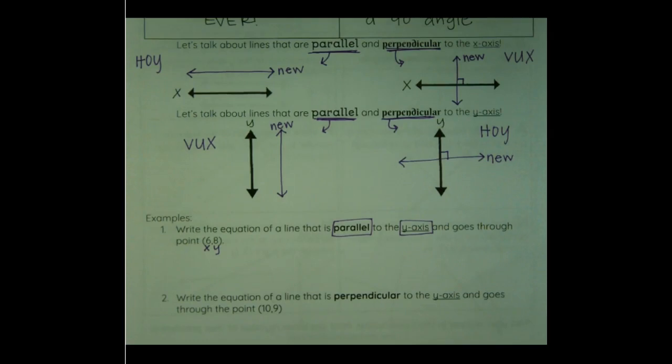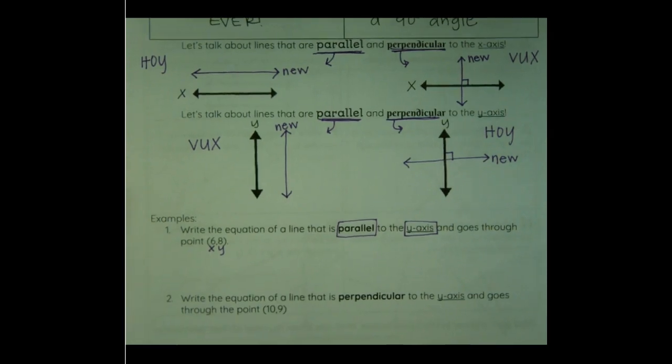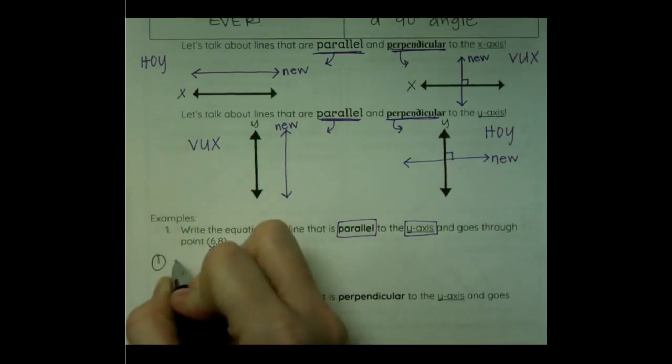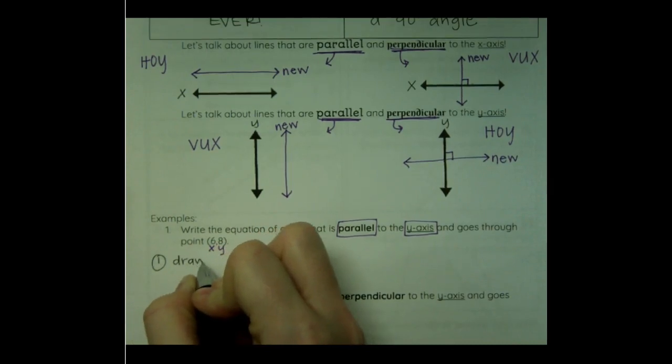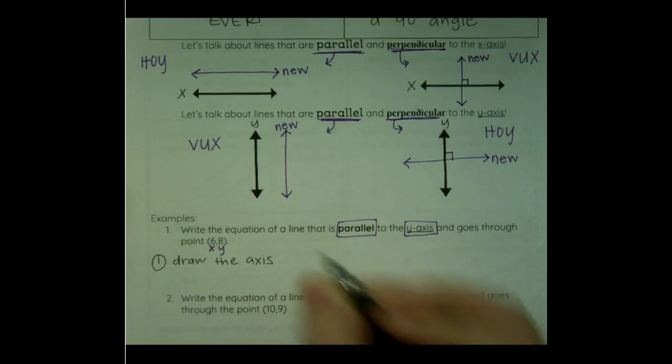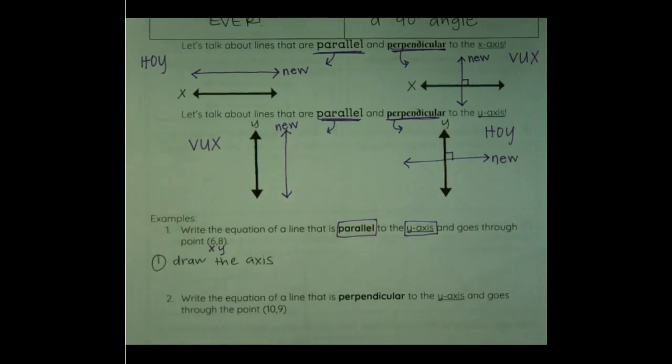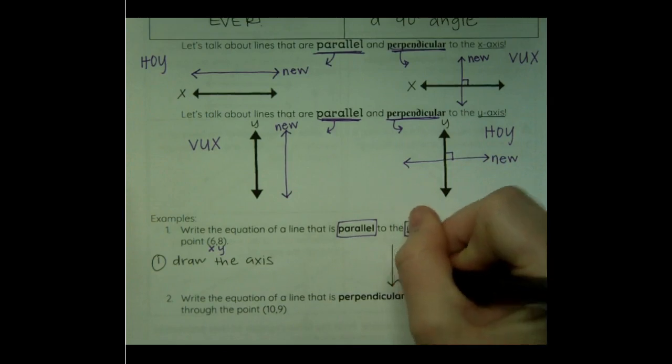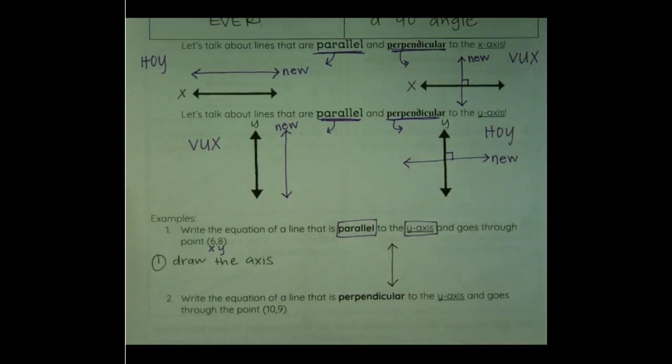So on this very first one, I'm going to write out the steps for you. So the first thing I want you to do is draw the axis. Whatever axis it tells us to draw, I want you to draw it. So it says y-axis. So I'm going to draw the y-axis.